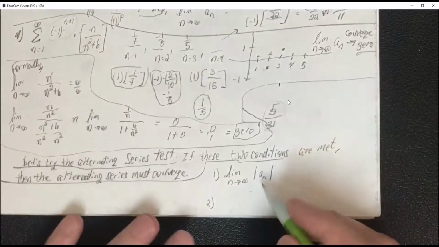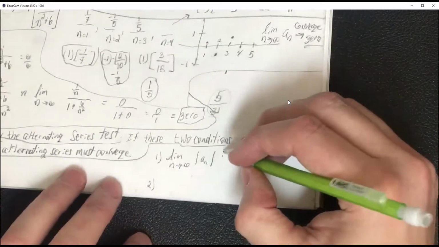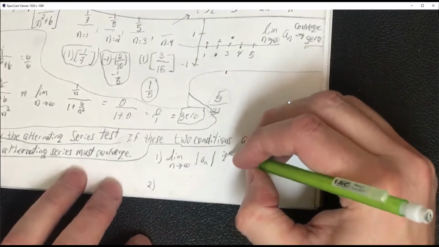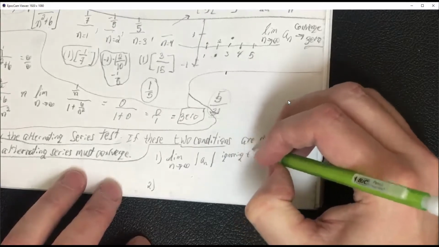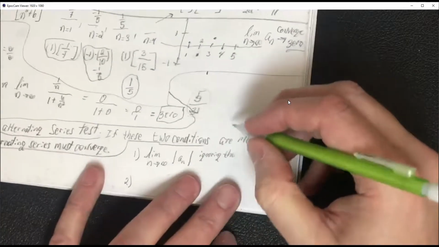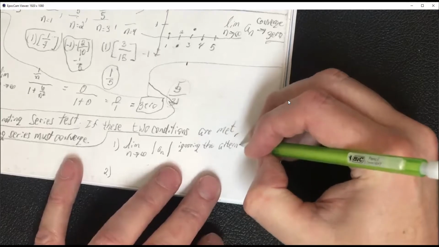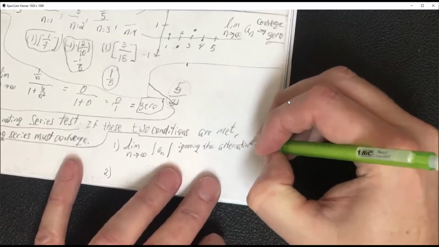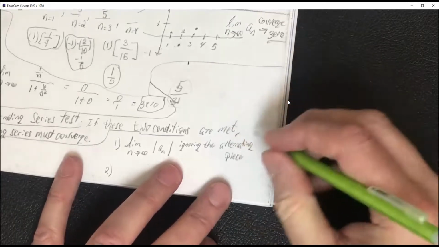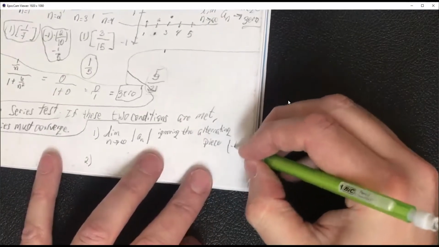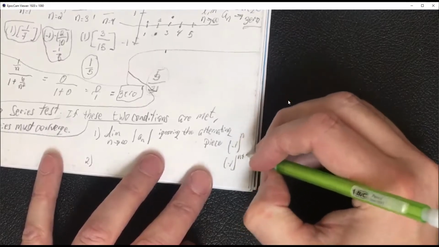Or you can just say ignoring the alternating piece or expression, which is this -1 to the n, or -1 to the n plus 1.